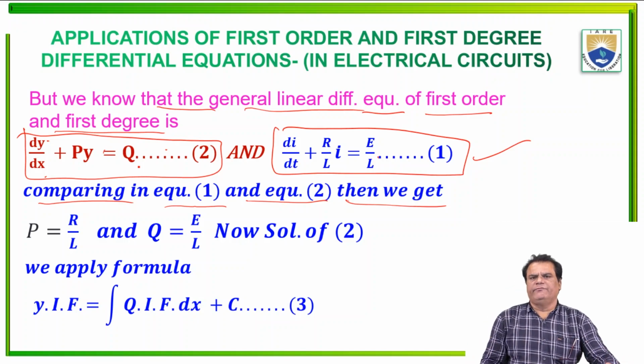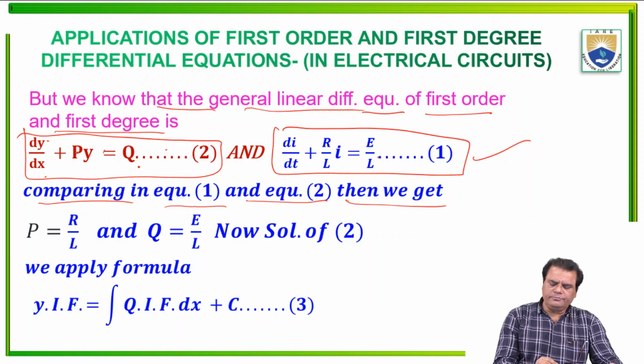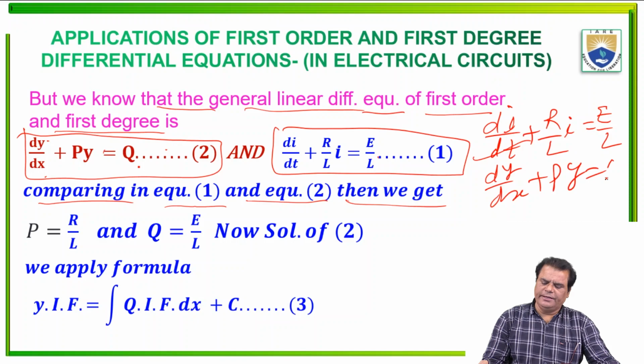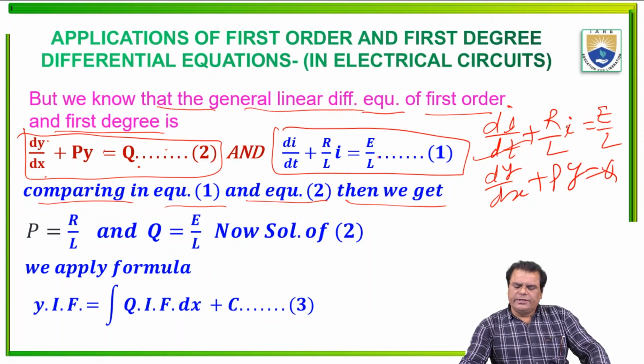So comparing 1 and 2, similarly we get di over dt plus R by L I equal to E by L. Now dy over dx plus Py is equal to Q. Compare this: in this equation it is I, in the general equation it is y, and in the general equation it is x, here it is t. So this is the same equation.